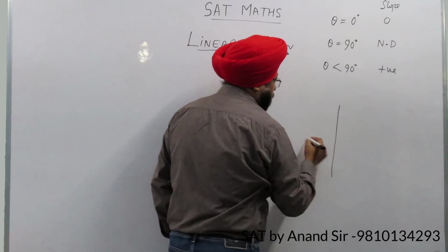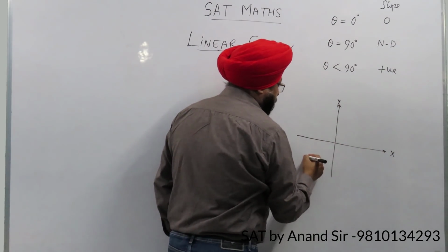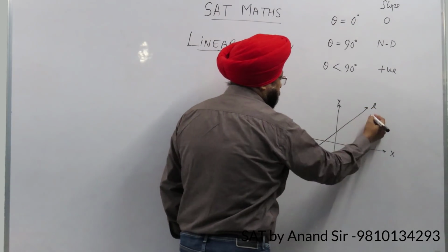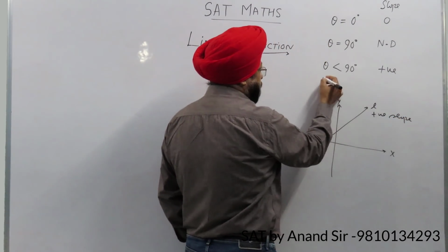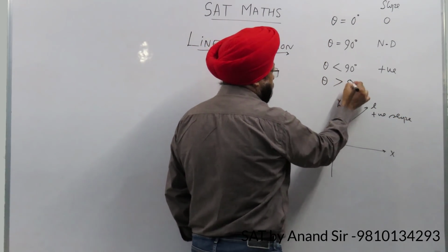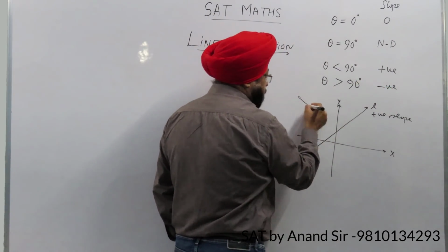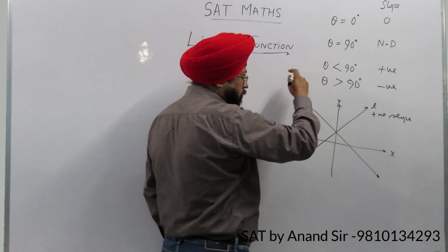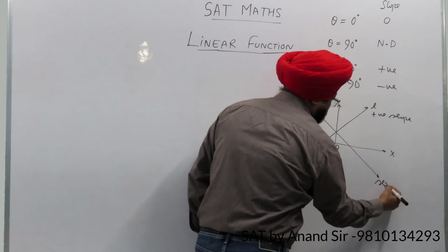It means that if the line is inclined like this, rising from left to right, we say that the slope is positive. And similarly, if theta is greater than 90 degree, the slope is negative. Means if the line is dropping, going down as we move from left to right, we say that the slope is negative.